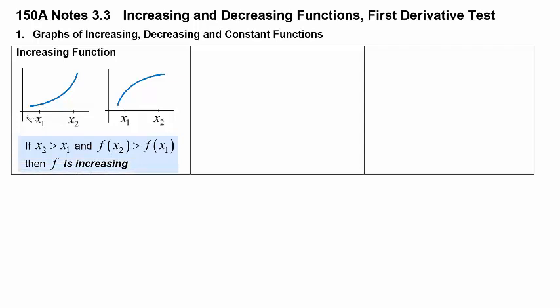So as we go from left to right on the graph, if the y values are getting bigger, then that means it's an increasing function. And you can see this shape of a curve also means it's an increasing function because as we go from left to right, the y values are getting bigger.